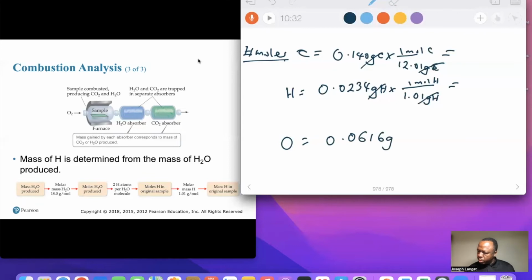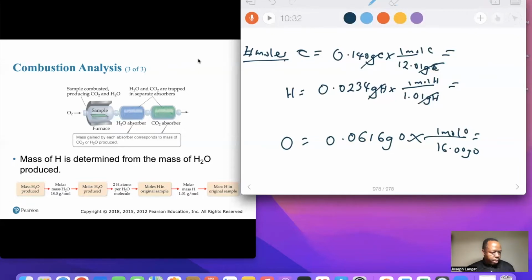And then oxygen is 0.0616 grams of oxygen times 1 mole over 16 grams. So this will give me the number of moles of each element.